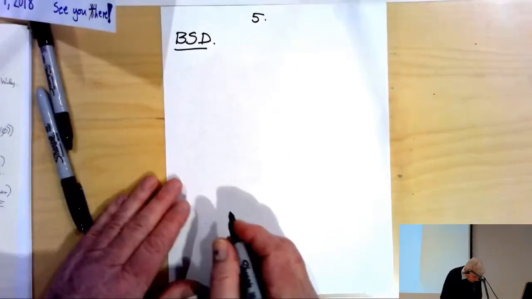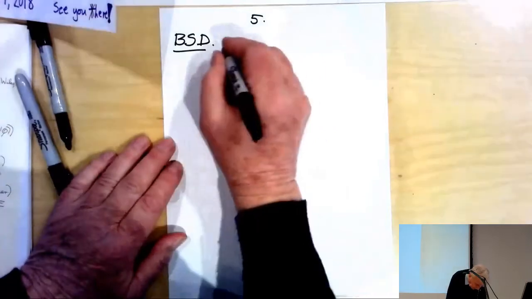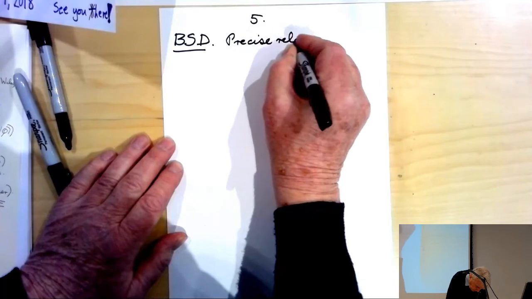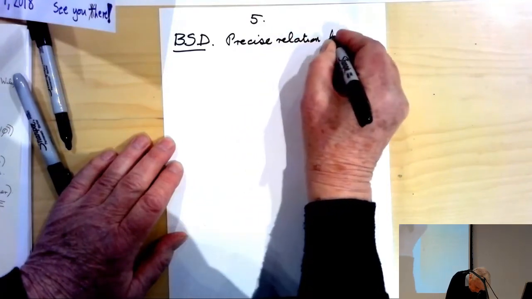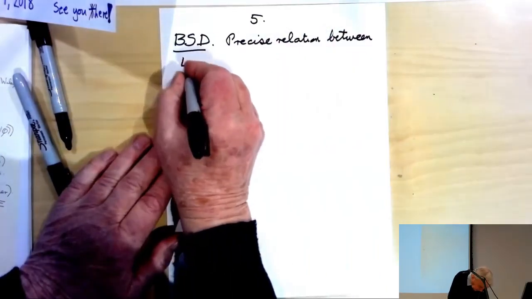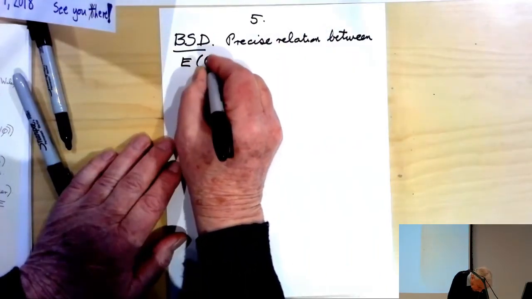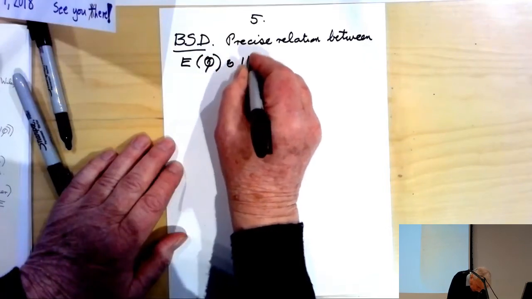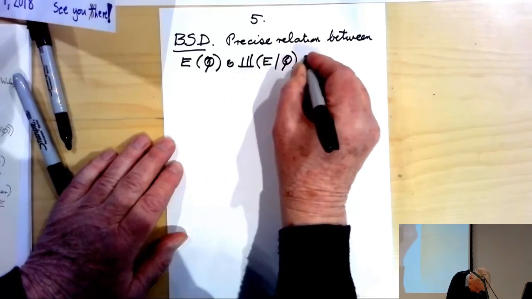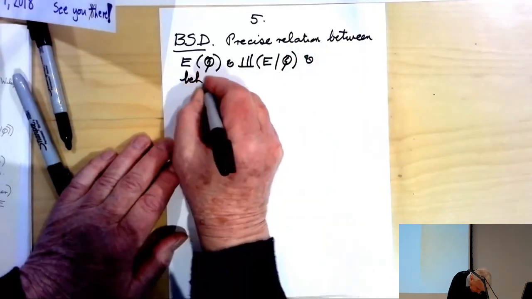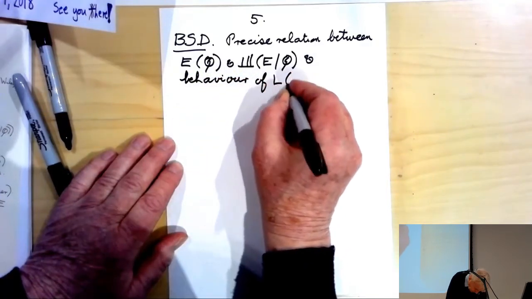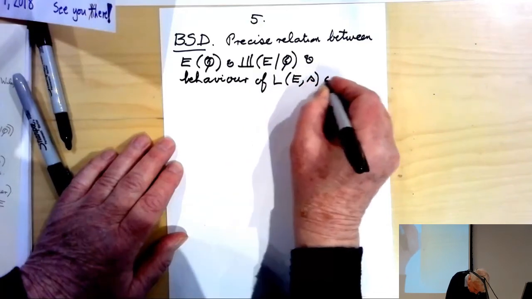What it tells us is that there's a precise relation between the basic arithmetic objects here, the group of rational points on the curve and the Tate-Shafarevich group of the curve, Sha of E over Q, and the behavior of L_E(s) at s equals 1.